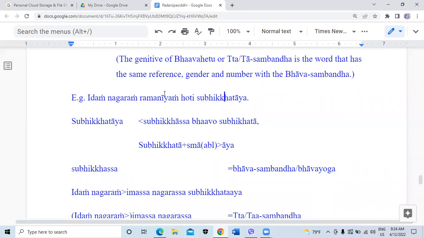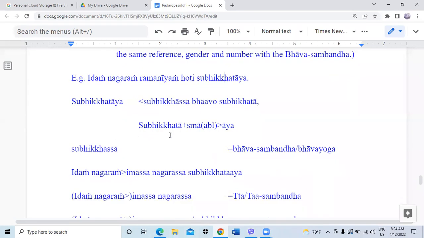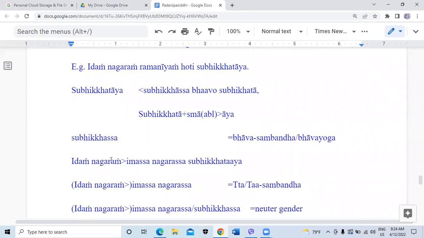So how do we turn this Idanagaran into the genitive? Imasa Nagarasa Subhikataya. Idanagaran becomes Imasa Nagarasa Subhikataya. The genitive of Subhikataya becomes Nagarasa, Imasa Nagarasa, through Ida Nagara.